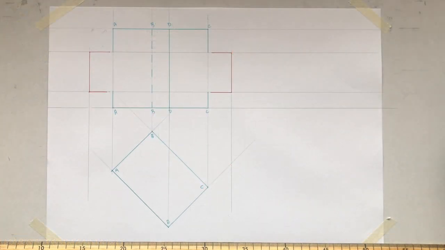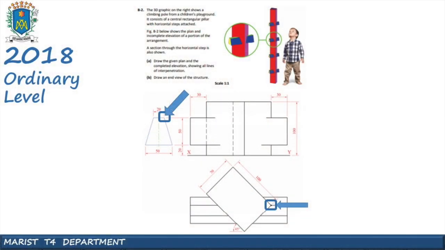And the critical point, if we look closely at our question, is that the top right hand corner of our end view is the exact corner that's going to cut through our point C in the question. How do I know that?